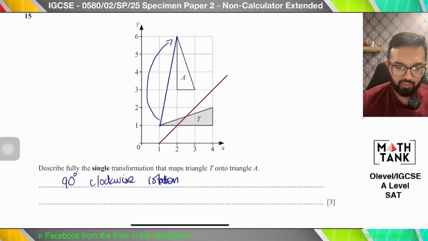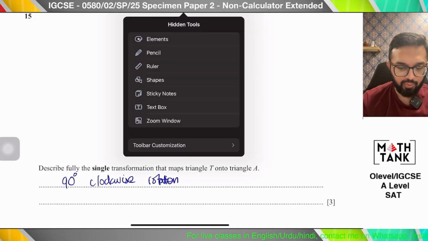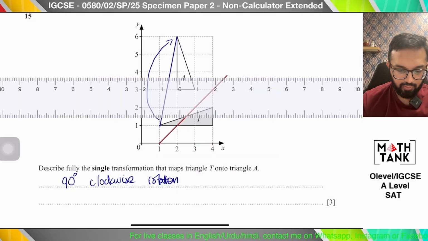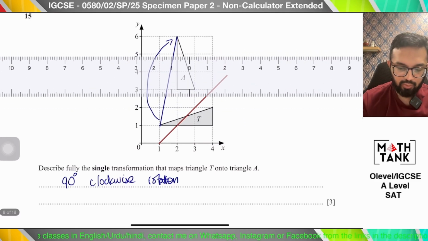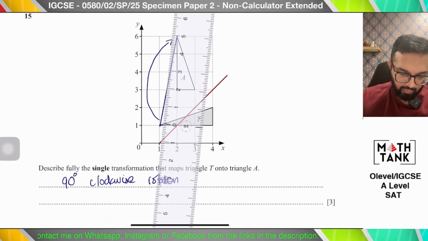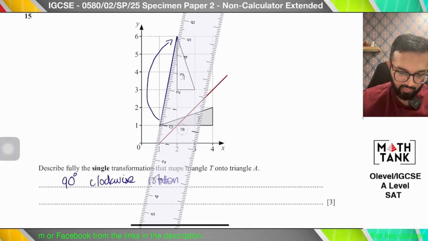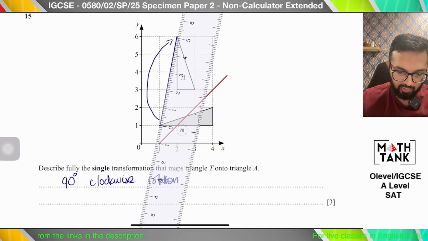Okay, I will find it difficult to draw it without a ruler and a compass, so let's open up my ruler. Okay, so how much is this length? I'm going to try to draw it approximately.